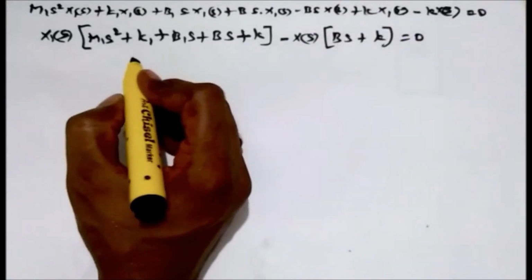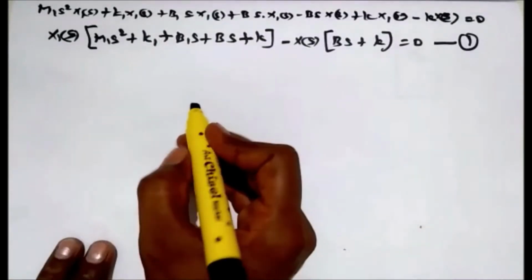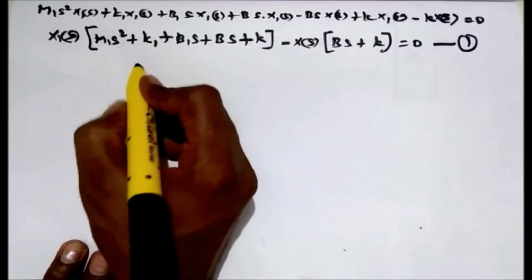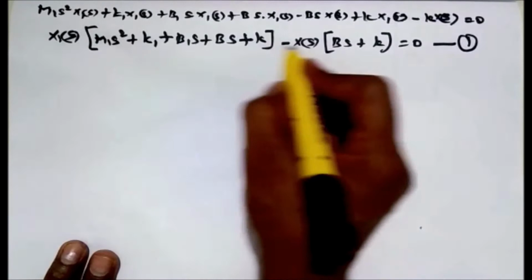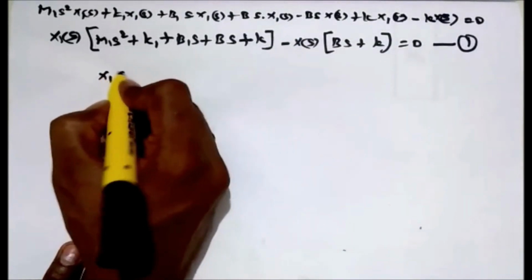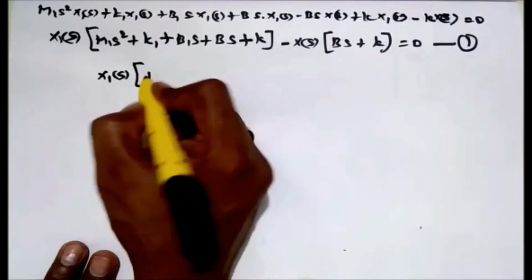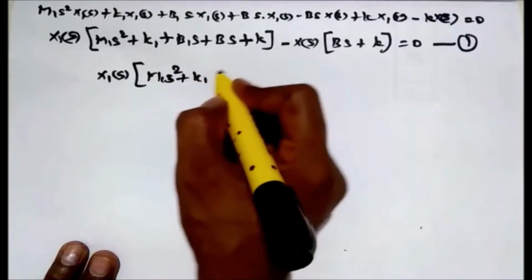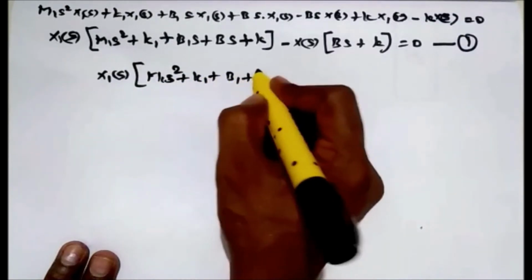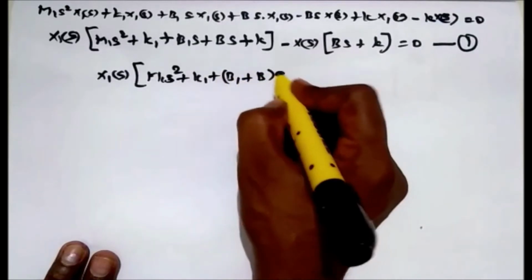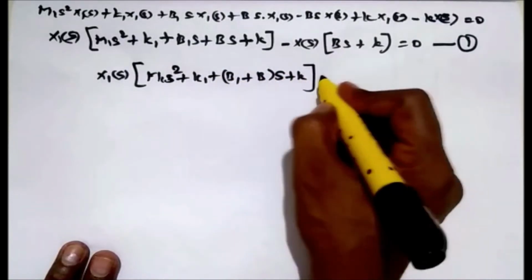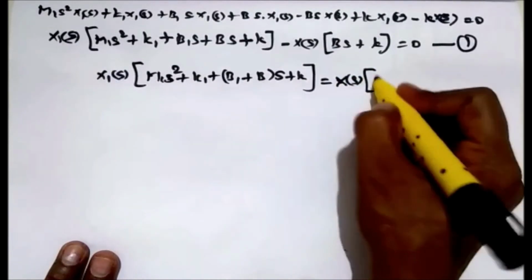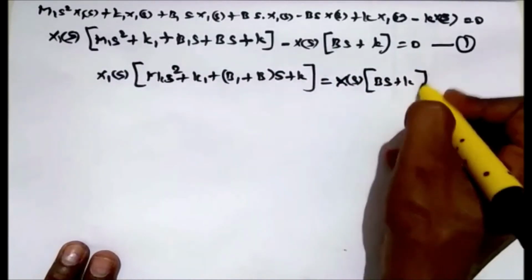So we can write this equation as x1 of s into m1 s square plus k1 plus b1 plus b into s plus k equals x of s into b s plus k.